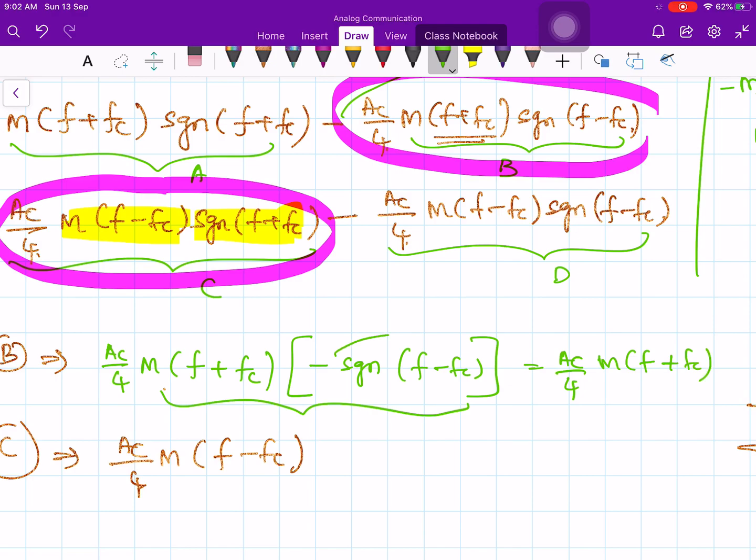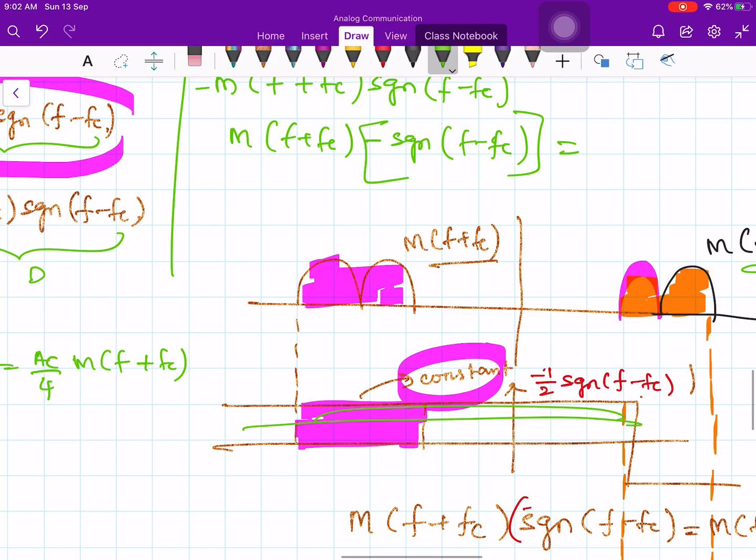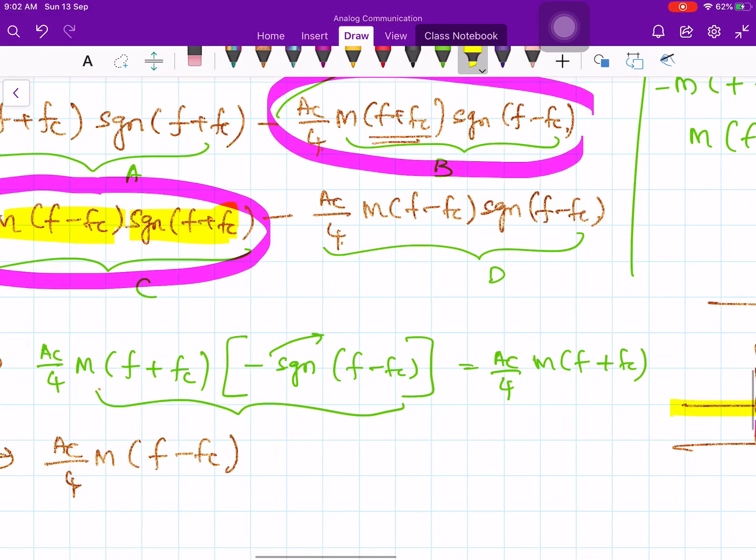This minus will be absorbed, because of this minus only you are getting this shape. Therefore that minus will go away.